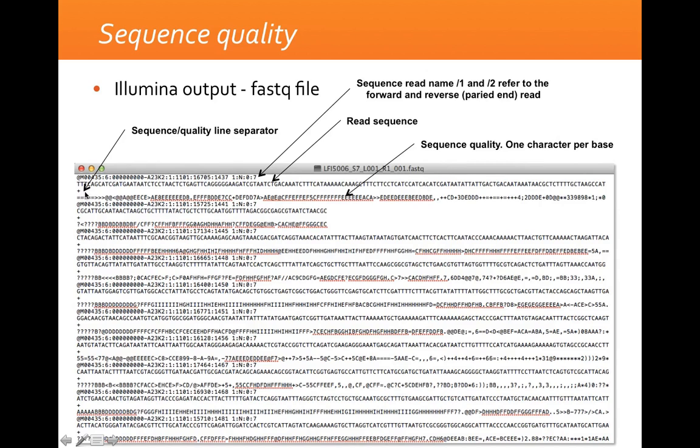Third line will be a line separator, and the fourth line will be the sequence quality. So you can see the length of the fourth and the second line is equally long. So each of these letters and symbols represent quality of the base that has been called. Okay, and normally these FASTQ files can contain millions of sequence reads, so we are only viewing a really tiny fraction of the complete FASTQ file.